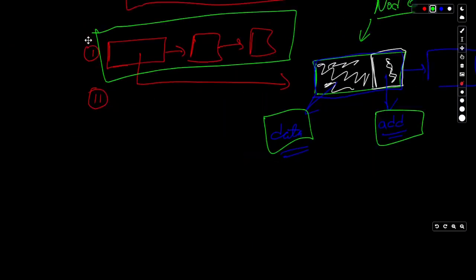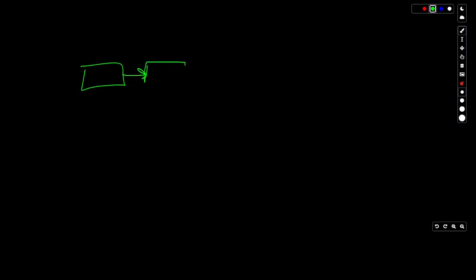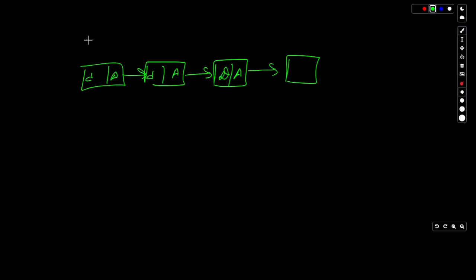There are different kinds of linked lists, and there are different ways to implement them. So at first, if I try to make a linked list, what we are doing is we have data and then we have address at every component. Data and address.